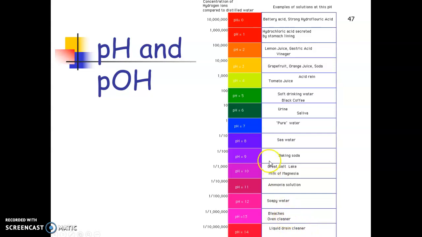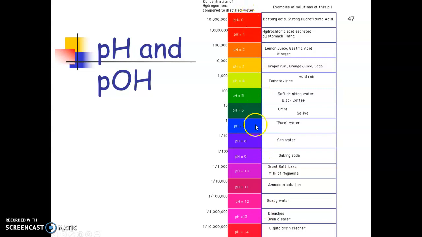So, keep in mind that you do need to be aware of pH greater than 7 is a base, pH less than 7 is an acid. Also, the pOH scale reads in reverse to this, so if these values were changed to pOH, 14 would be up here and 0 would be down here for pOH.